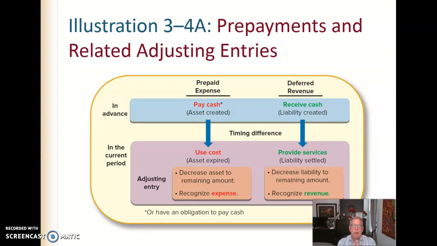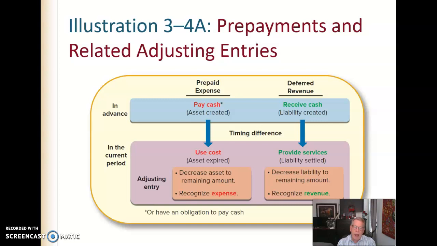Okay, so let's look at prepayments. Here, we've prepaid with cash some expenses, like prepaid rent that we've had previously. Now, when we do that, we're going to show that as an asset. In the case of prepaid rent, we'll debit prepaid rent and credit cash.